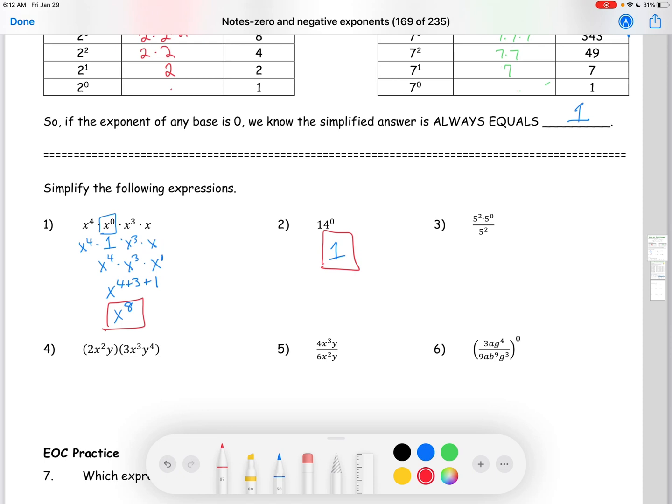All right. When we look at number 3, we're going to observe it. And when I say observe, just look. We immediately see and notice 5 to the 0. And 5 to the 0, we know, is 1. So 5 squared times 1 is just 5 squared. And 5 squared over 5 squared can be written as 5 squared minus 2 by the quotient rule.